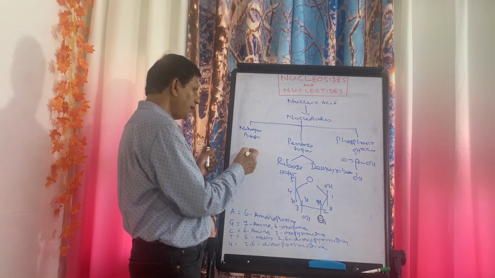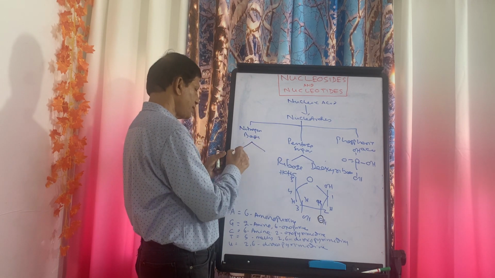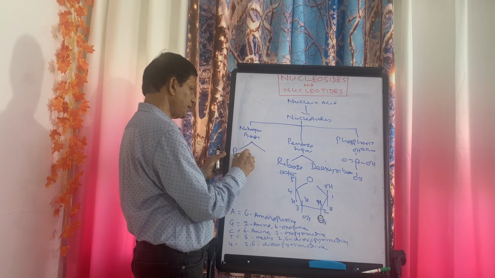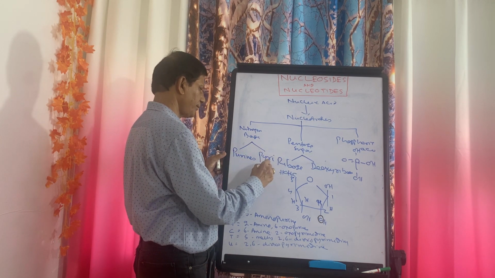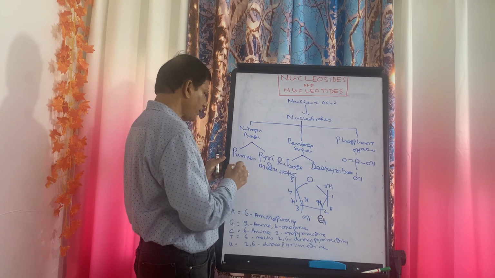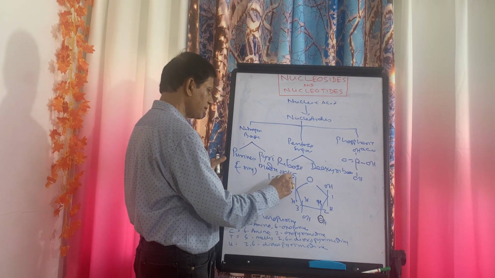Now you come to the nitrogen base. The nitrogen bases are again of two types. They may be purines or they may be pyrimidines. The purines are double ring structures while pyrimidines are single ring structures.